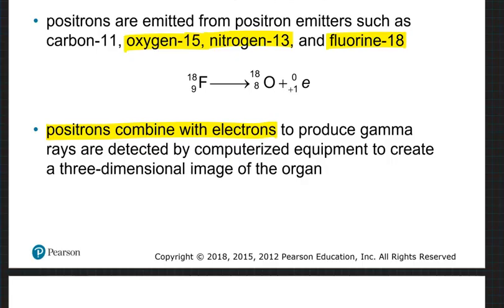A positron has no mass with the charge +1. An electron has no mass and the charge of -1. When you combine them, still no mass and no charge. That's gamma rays.